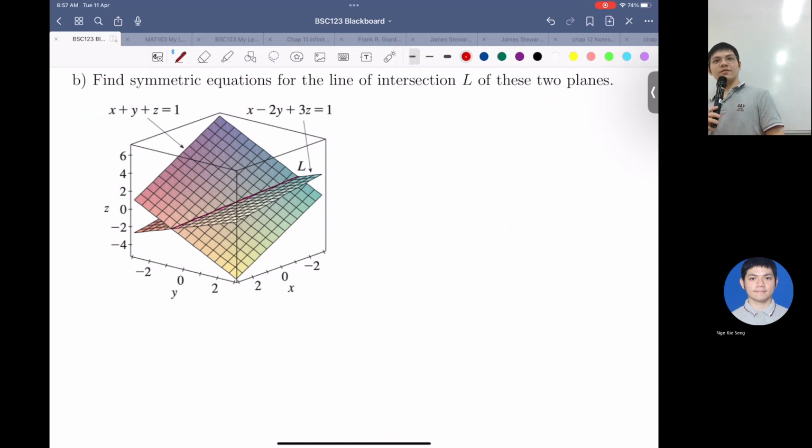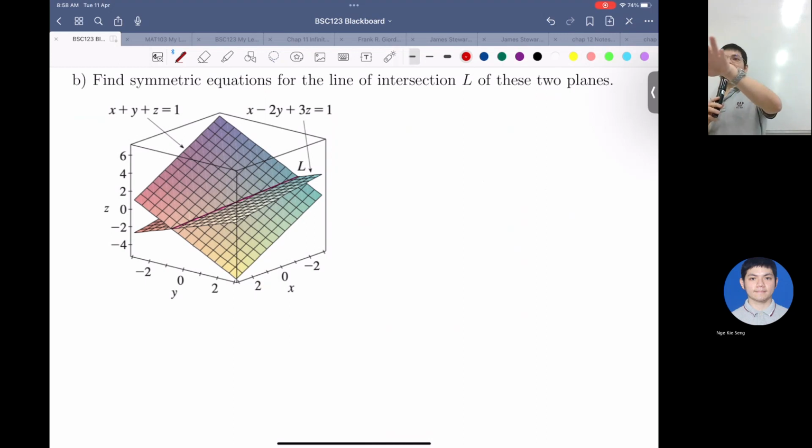Normal vector? Normal vector lies on the two planes. Is that what you mean? Okay, so you're saying the two normal vectors of the planes are perpendicular to the line of intersection, right?